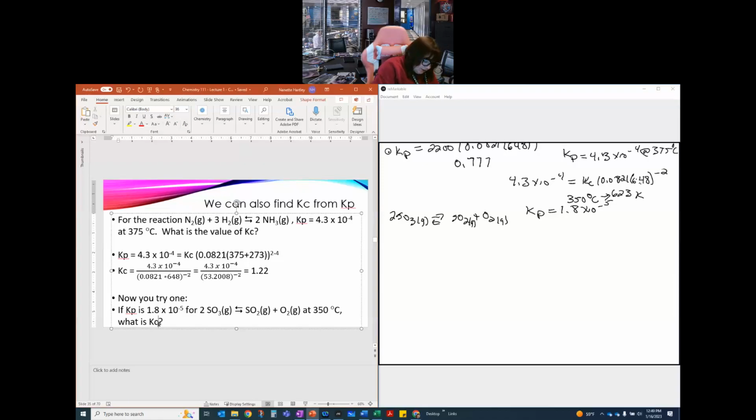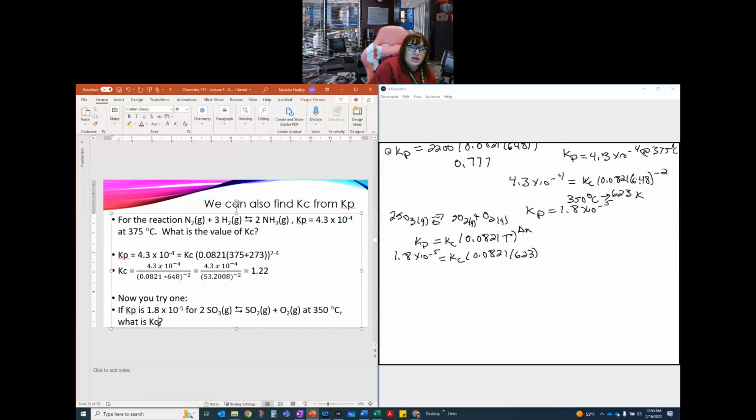And I set this up the exact same way that I did before. I know that the Kp, the 1.8 times 10 to the minus 5th, Kp equals Kc times 0.0821 times the temperature, and then the delta N. So Kp is equal to Kc times 0.0821 times the 623.